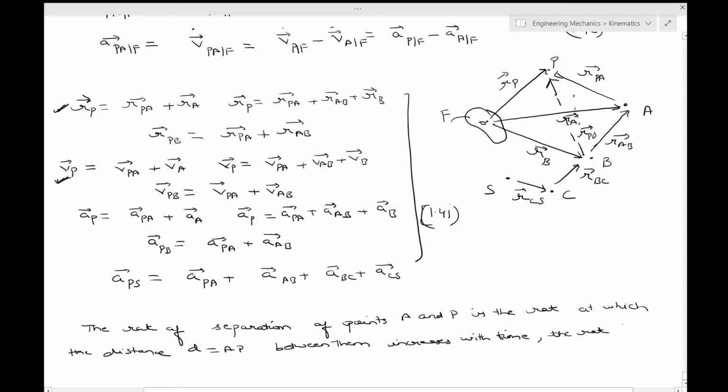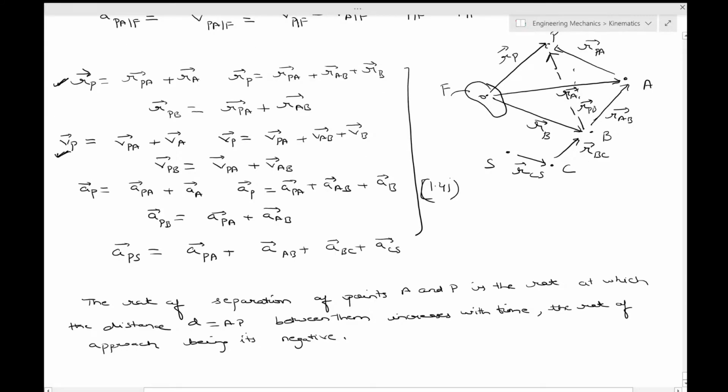The rate of approach being its negative. Okay, so I hope that brings us to this rate of separation and rate of approach.